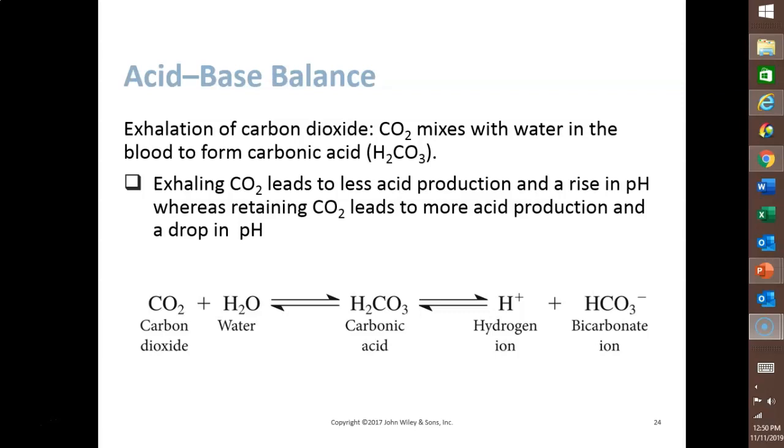If ventilation is slower than normal, less CO2 is exhaled, CO2 levels rise, hydrogen ion concentration increases, and blood pH decreases. So the pH of body fluids and the rate and depth of breathing interact in a negative feedback manner as illustrated here in the image on the next slide.